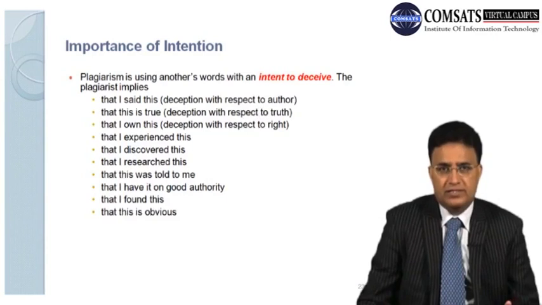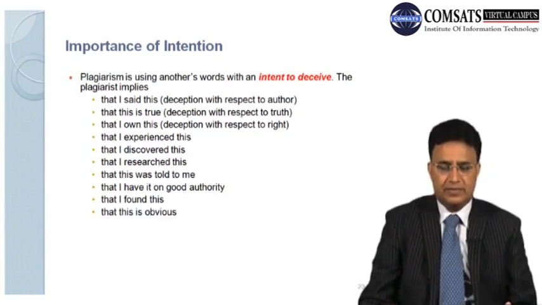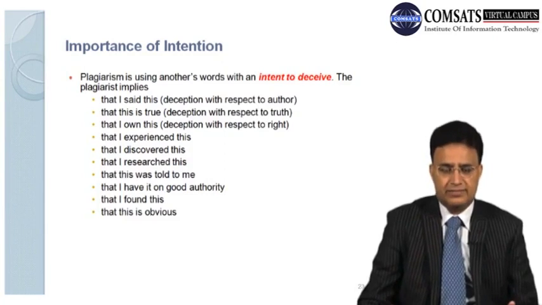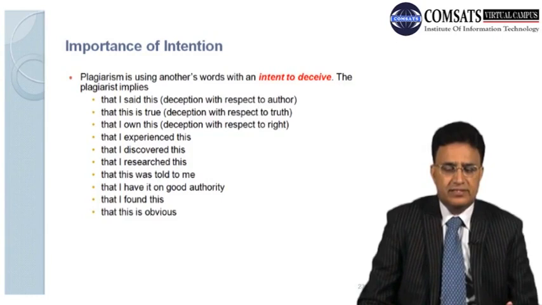The plagiarist says or intends to say or implies that I own this, that is deception with respect to right. That I experienced this, that I discovered this, but he didn't, deception. That I researched this, but he didn't. That this was told to me, but it wasn't.